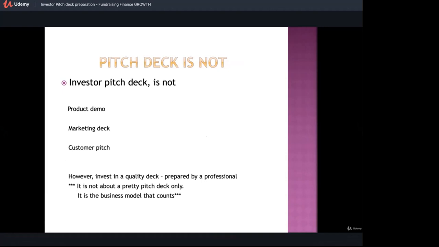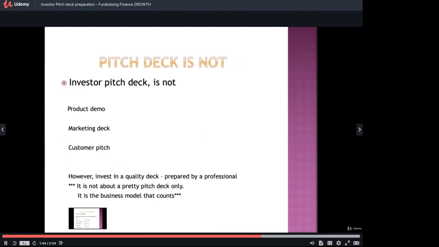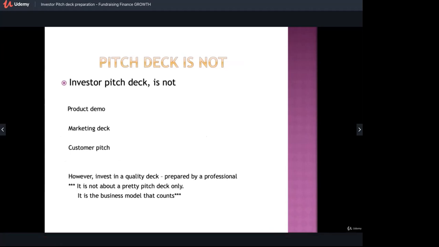What an investor pitch deck is not. You must be clear on exactly what a pitch deck is, and equally important, what it is not. It is not a product demo. So do not get into the technical details of a product and avoid showing the investor a product demo within the first 5 minutes of the investor pitch.